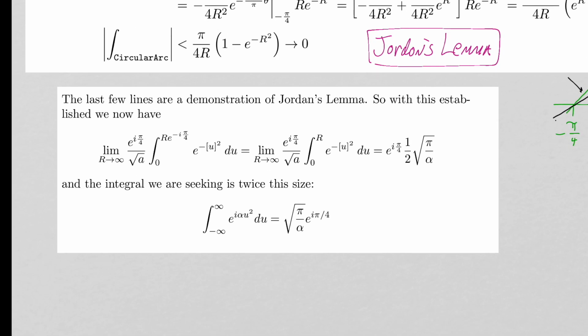Okay, so what have we shown? We've shown that the integral that we're interested in equals this integral, the integral from 0 to r of our Gaussian along U. And notice, this is a real integral. Wow. So now we've got a piece of that integral on the real line that we can actually do, because this is now 0 to r, the limit as r goes to infinity, this is just half a Gaussian.